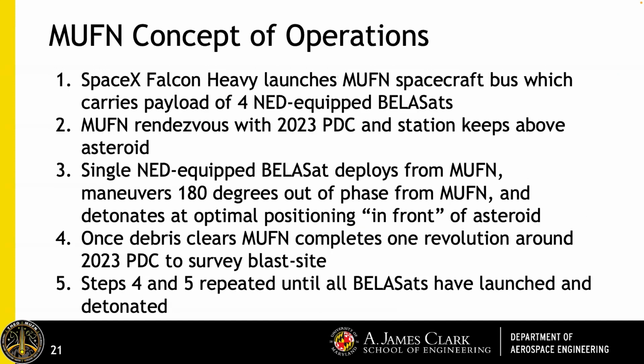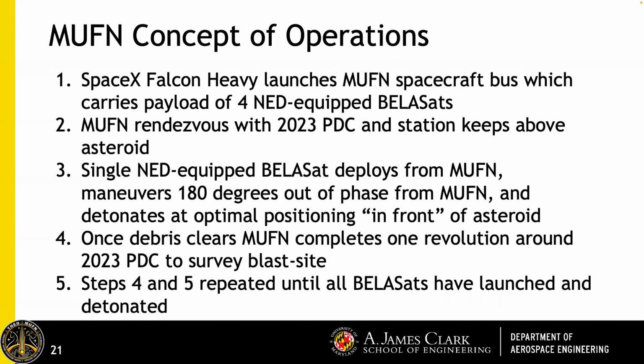So how MUFN is going to work and what it's going to do. The SpaceX Falcon Heavy will launch the MUFN spacecraft bus, and it will have 4 NED-equipped Baylor sats. I'll get to those a little later as well.